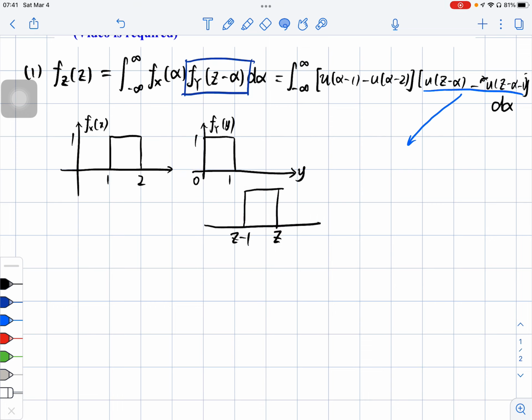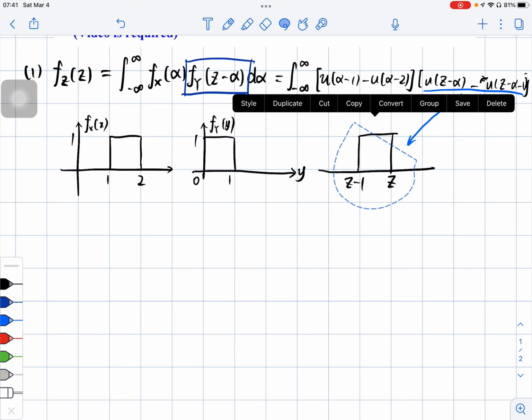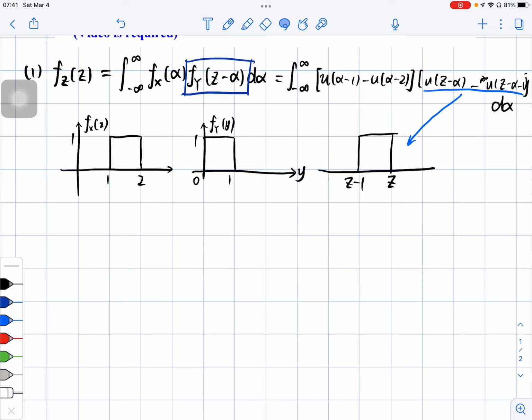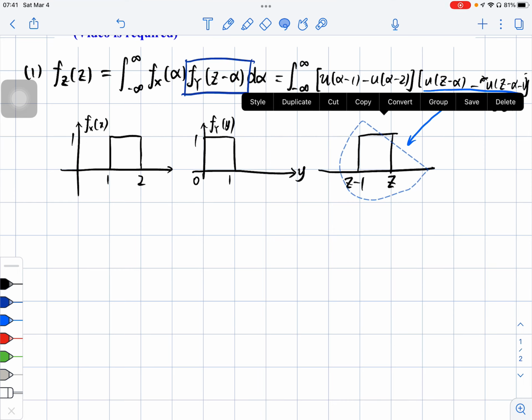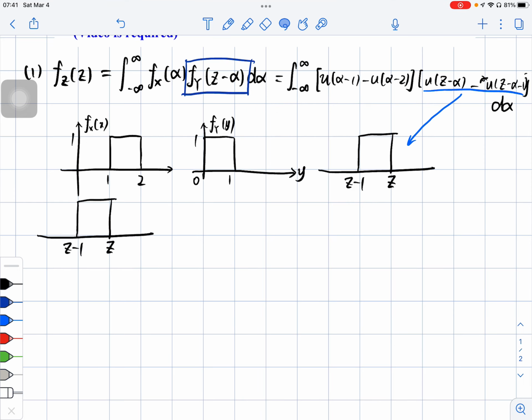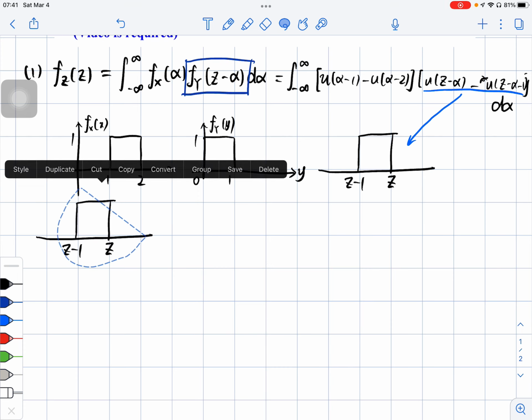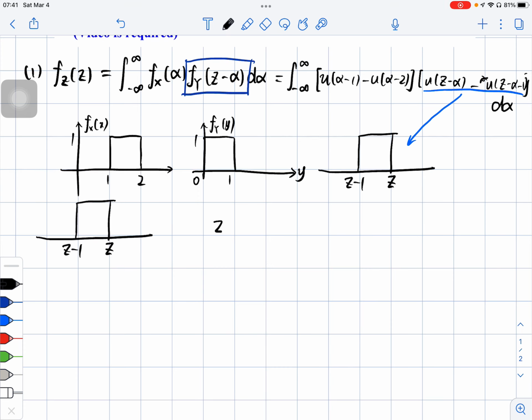Something like this. Okay, for this part, when c is less than 1, fz is 0.